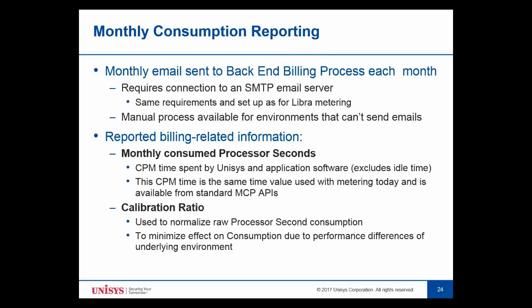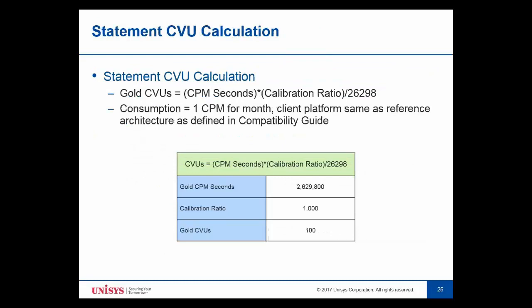So we use this to normalize the CPM seconds that are calculated for CVU utilization. So let's look at an example of this.